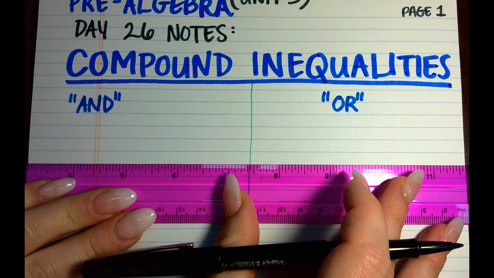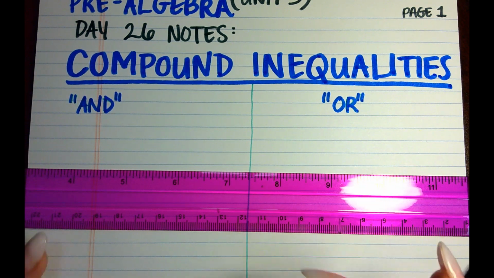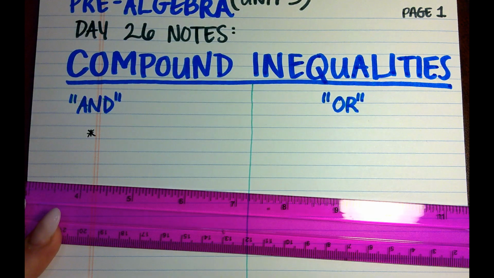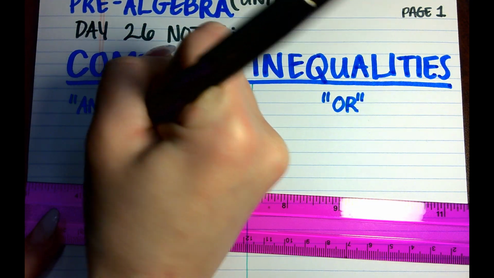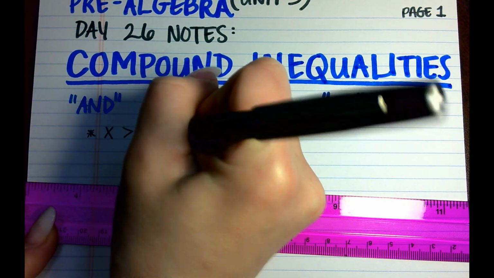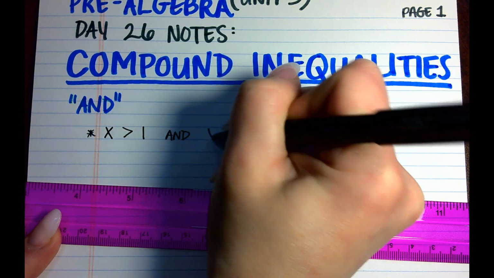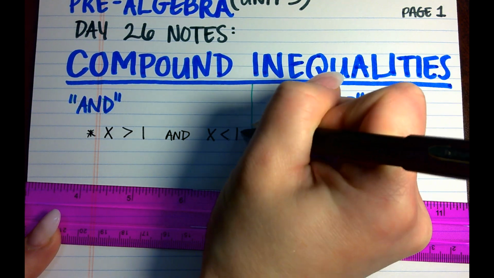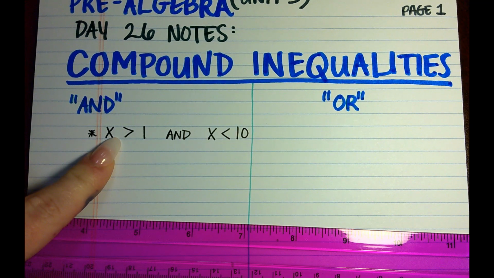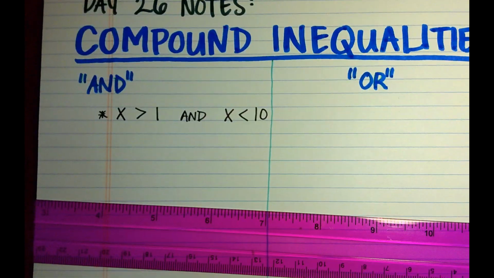Actually, I'm not going to draw my line just yet. Here's an example. Let's say I have x is greater than 1 and x is less than 10. This is what it will look like. X is greater than 1 and x is less than 10.